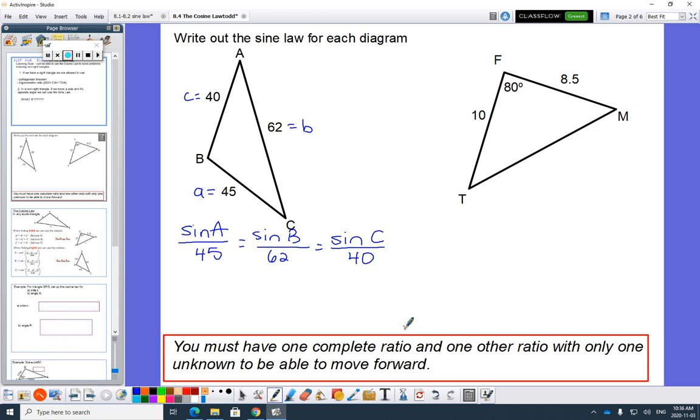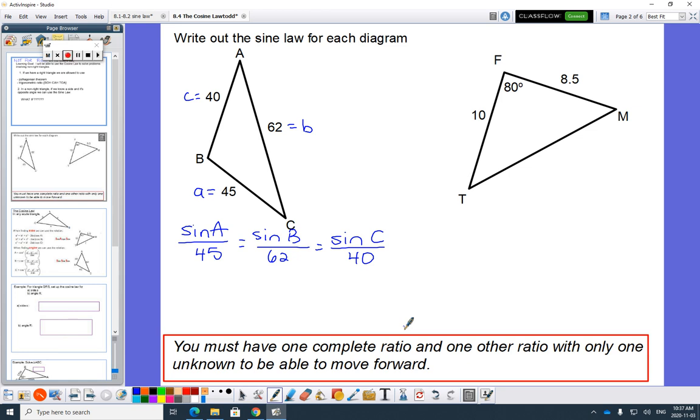In this one, so this is FMT, that's wacky letters. The reason we're going to use these weird letters, because maybe when we do the word problems, kind of like yesterday, sometimes you might label it like P for pilot, A for airplane, or whatever. So you might not have alphabetical order, but you're still going to do the same thing. Look for the opposite side.